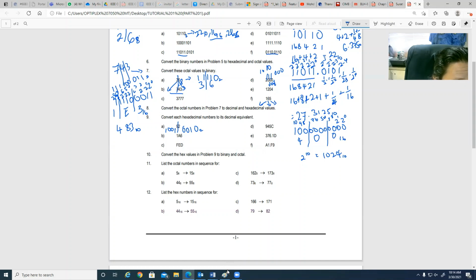Okay, and then to convert, for example like this one, you can split by 3, and then you can divide 6, 4, 1, 2. For 1 2, and then for A, 1 0 1 0.